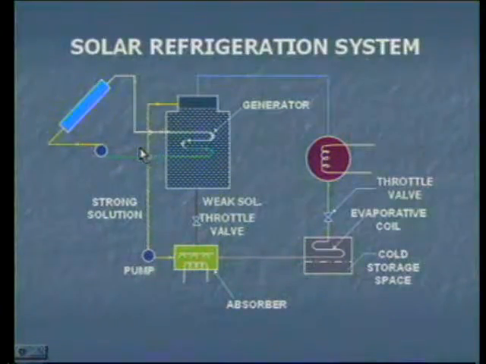But in a conventional system, heat is given at the generator by the combustion of a fuel or from waste gases. In a solar refrigeration system, we use one or more flat plate collectors, and the incident solar radiation is converted to heat. By absorbing that heat, the hot water will flow through a heat exchanger in the generator.